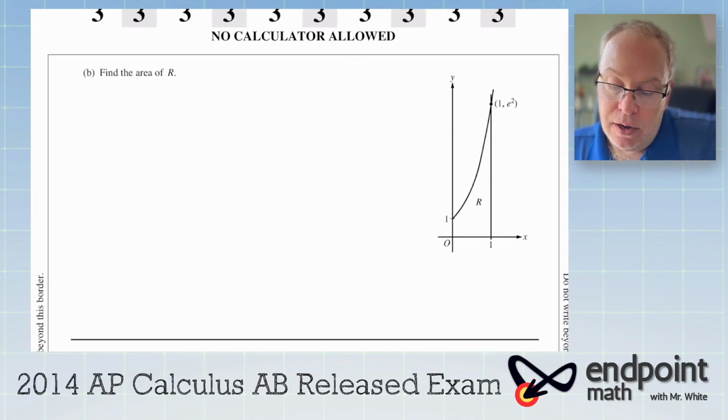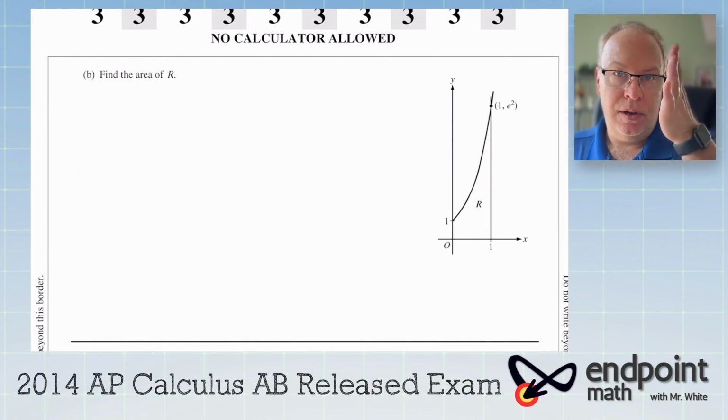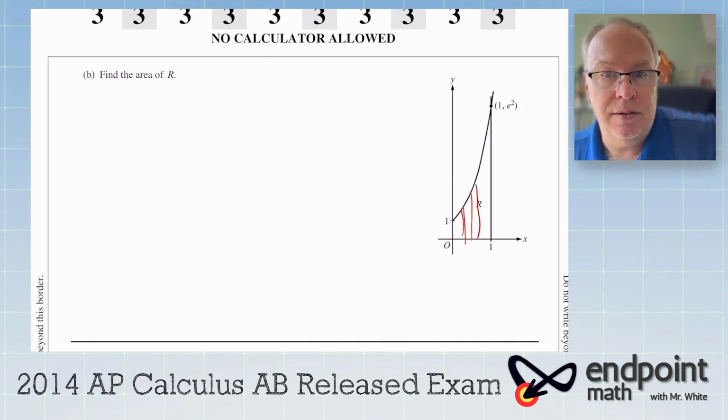Find the area of region R. Well, you want to think about which way you want to run your rectangles. Are these going to go vertically or horizontally? You can do it both ways, but there's an easier way here, and that is vertically. If you run vertically, you don't have to worry about any sort of subtraction.